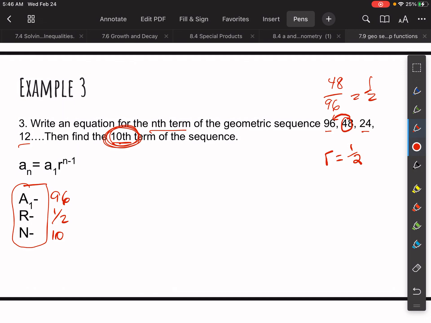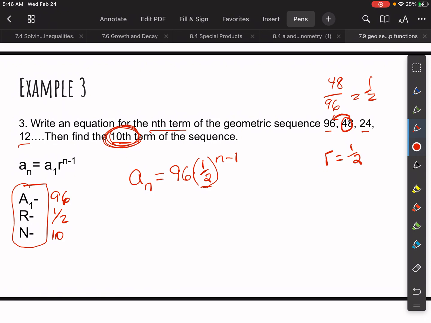So the nth term equation is going to be this: the nth term, whatever term I want to plug in, is equal to 96 times 1/2 to the power of n minus 1. I like to put the 1/2 in parentheses so people know the exponent applies to the half. That's my nth term equation.